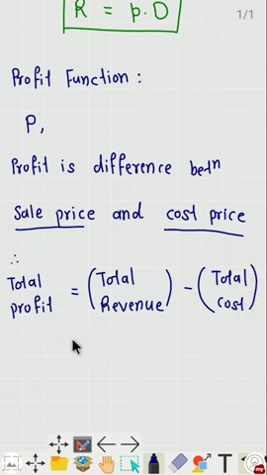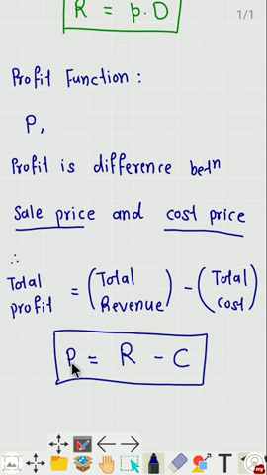So we write the profit function in notation P: profit function P is equal to revenue minus cost. This is the formula for profit.